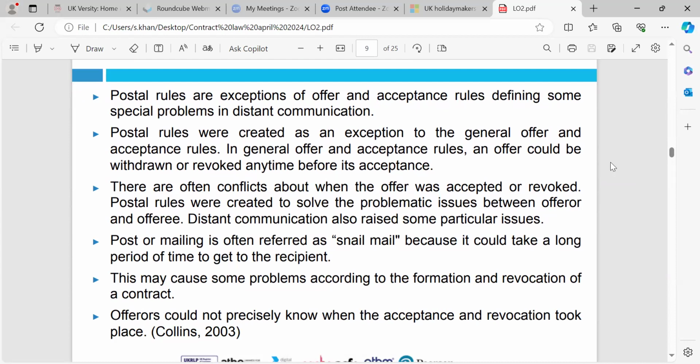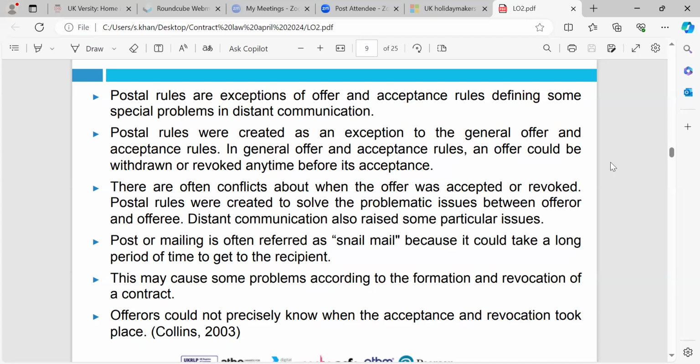In general offer and acceptance rules, an offer could be withdrawn or revoked at any time before its acceptance. There are conflicts about when the offer was accepted or revoked. Postal rules were created to solve the problematic issues between offerer and offeree.